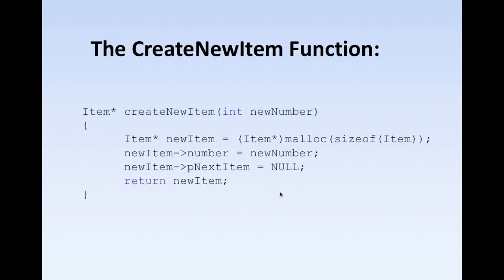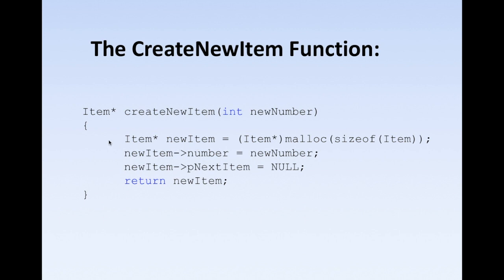We will start with the create a new item function. I'm going to give it the number from which I'm going to create an item object, an item structure, and it's going to return a pointer to this item. The first line here is using the malloc function.